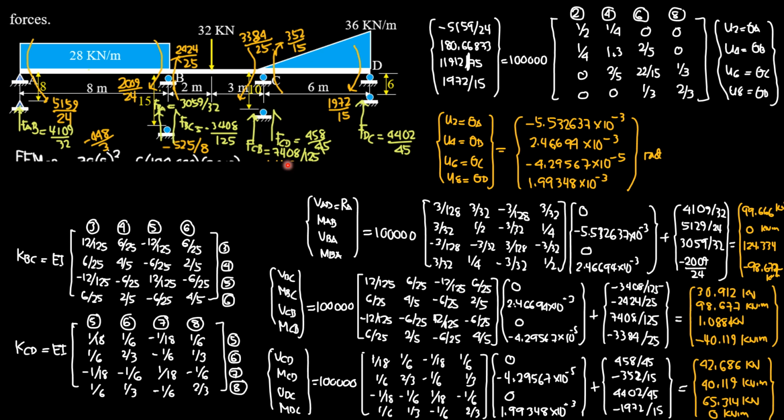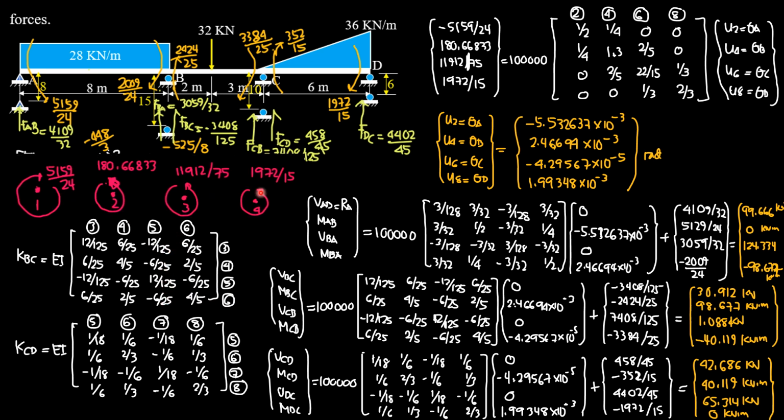So these were the forces. Stiffness of BC, 12 times 1/5 cube is 12/125, 6 times 1/5 square is 6/25. And the rest, you should know how to generate this. These were the net nodal loads.